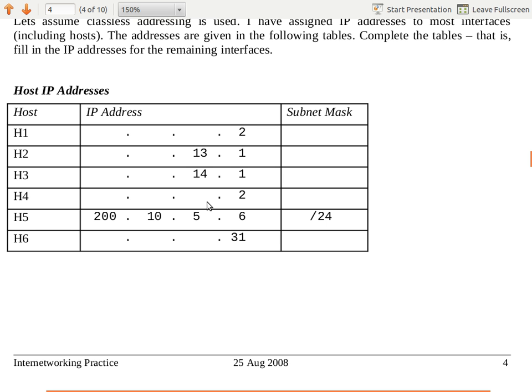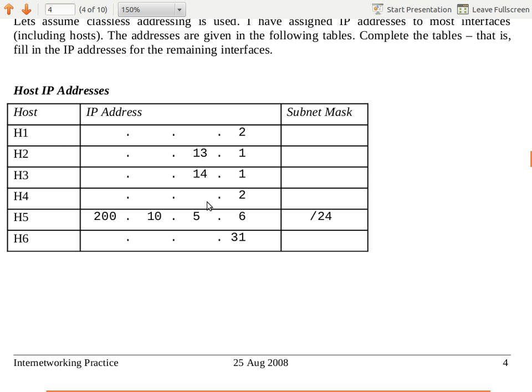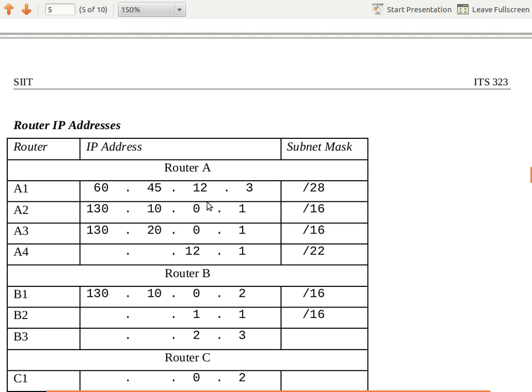Consider what subnet H1 is on. Maybe draw that subnet. See who else is attached to that subnet. And see if you can work out what the IP address of H1 should be. That is, fill in this value here and the subnet mask. Use the network diagram, and use the provided information, either in this table or on the next page, the router IP addresses.